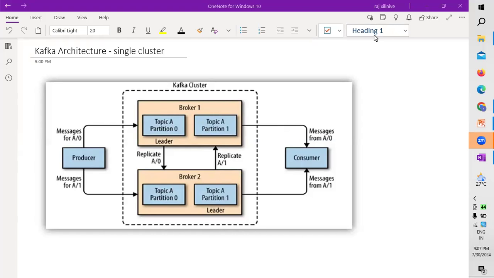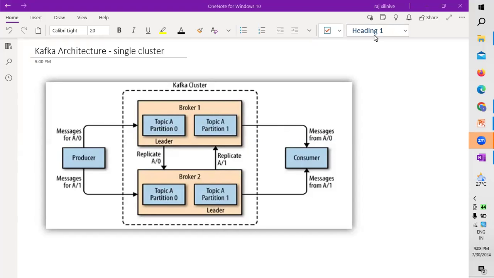But today, I'm going to discuss the Kafka architecture, because when we try to understand the Kafka architecture, the components we have and the internal structure of Kafka itself is something we must know, right?